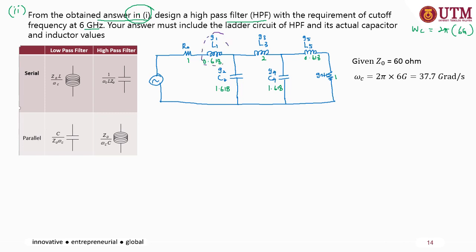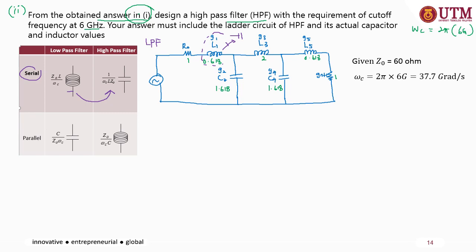This is the normalized circuit, always in low pass filter mode. So for high pass filter, this series inductor will be transformed into a capacitor, right? Meaning that in the new circuit, this one will become a capacitor.